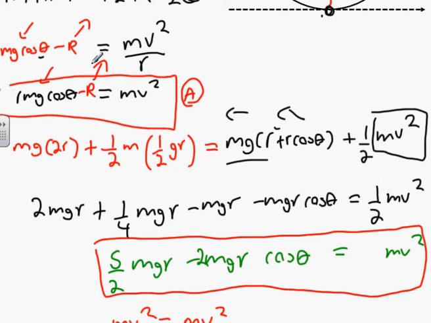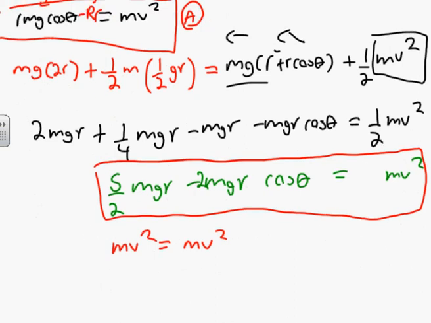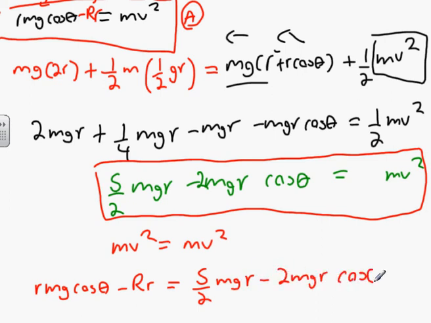And then we were saying it's going to cross multiply by r, that should be r smaller. Thank you. Okay, so what we're going to have is r mg cos theta minus R small r equals 5 over 2 mgr minus 2 mgr cos theta.